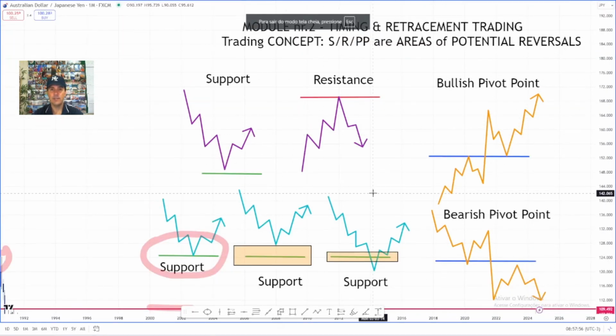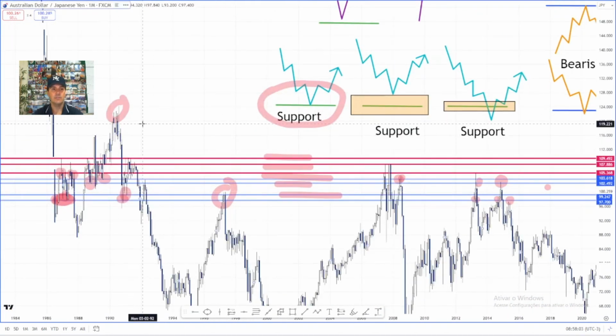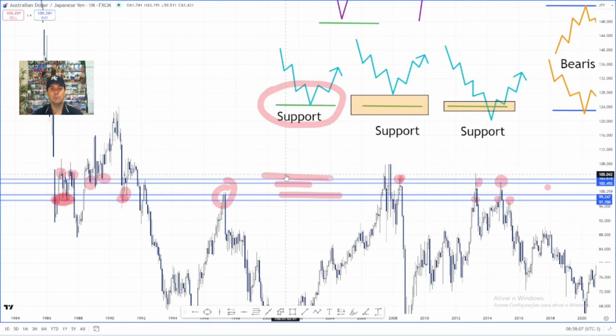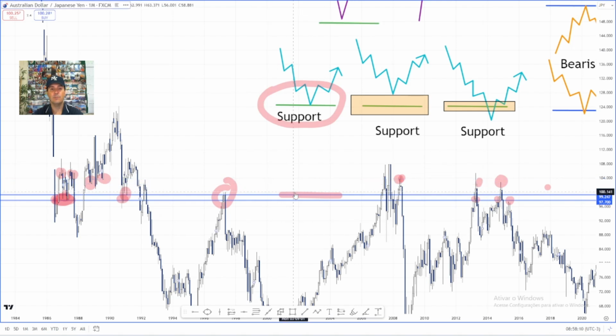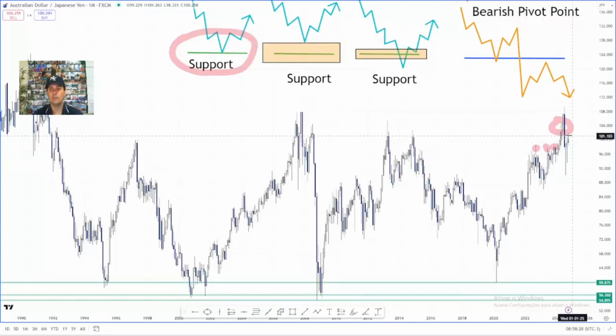So we are here and we're going to use the AUDJPY monthly chart. Charting concept: we chart support, resistance, pivot points from the monthly chart first. It doesn't matter if you're a scalper, a day trader, or a swing trader. The general view is we chart support, resistance, pivot points from the monthly chart.